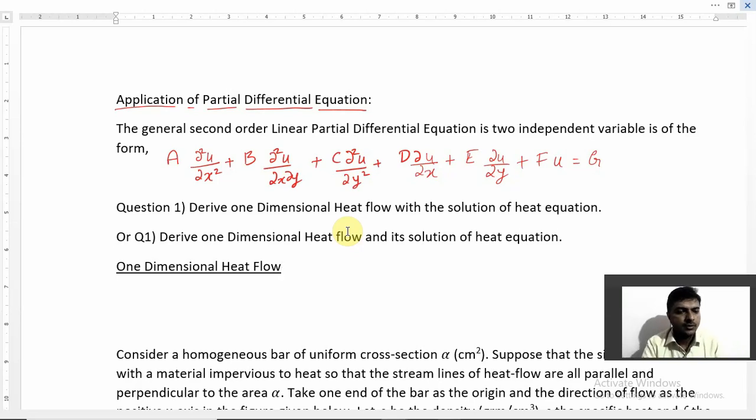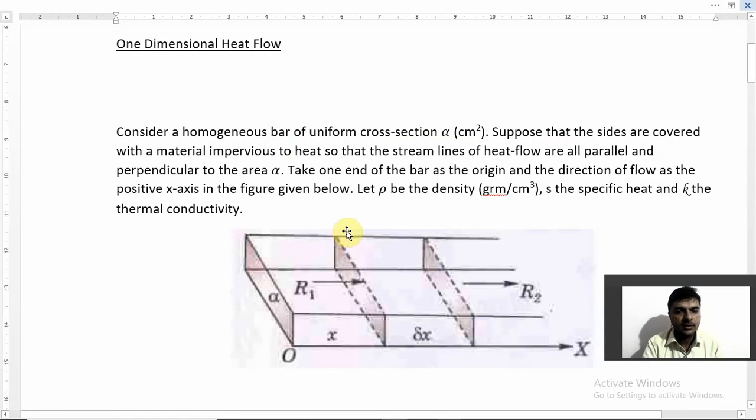Derivation: we are going to see one-dimensional heat flow. Yes, friends, here we start. Consider a homogeneous bar of uniform cross section alpha, which I will take in cm square. Suppose that the sides are covered with material impervious to heat, so that the streamlines of heat flow are all parallel and perpendicular to the area alpha.